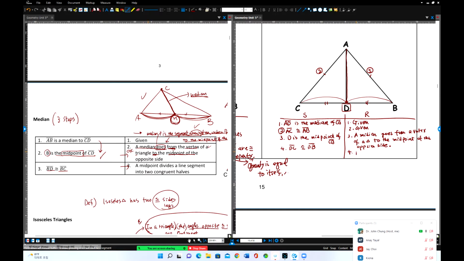Midpoint divides a segment into congruent parts. Halves is okay too.